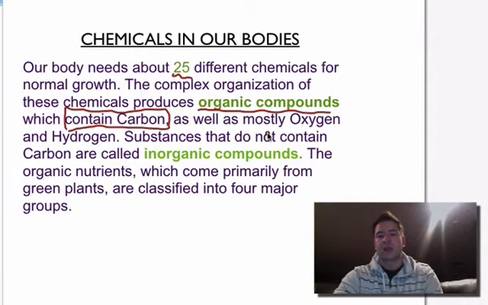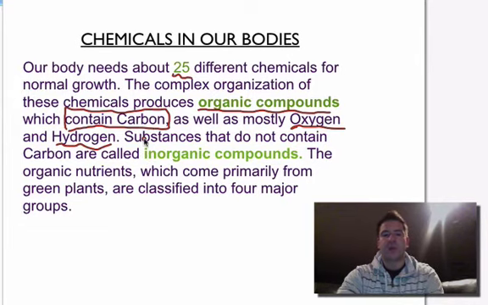Anyways, organic compounds contain carbon, and that's going to be important. They are also mostly comprised of elements such as oxygen and hydrogen. Notice that all these are nonmetals, and we're forming a molecular compound or organic compound.